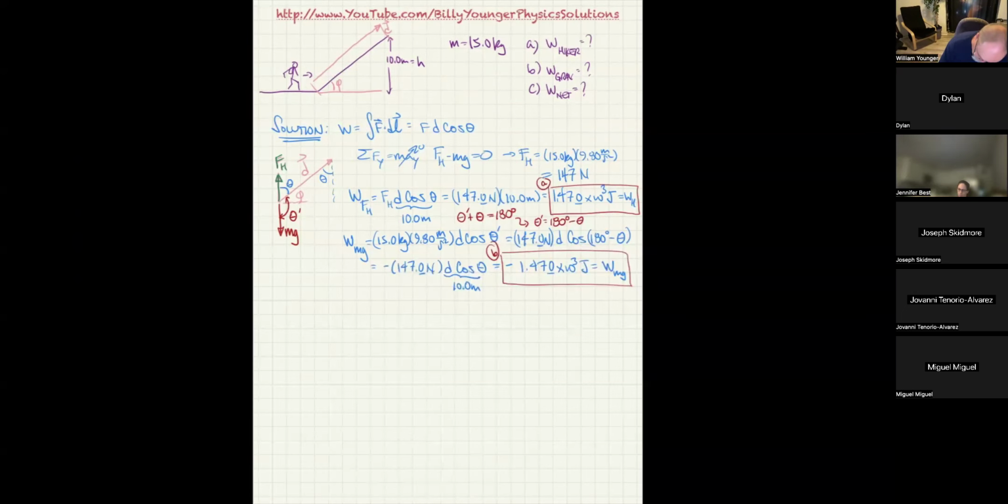Now, part C, W net is equal to W mg plus W h, which equals 1.470 times 10 to the third joules plus negative 1.470 times 10 to the third joules, which equals 0.